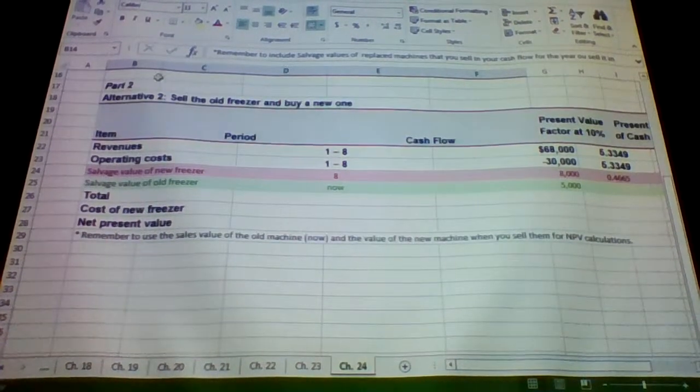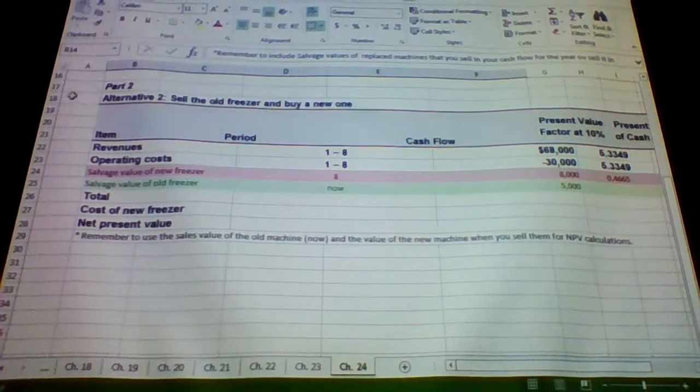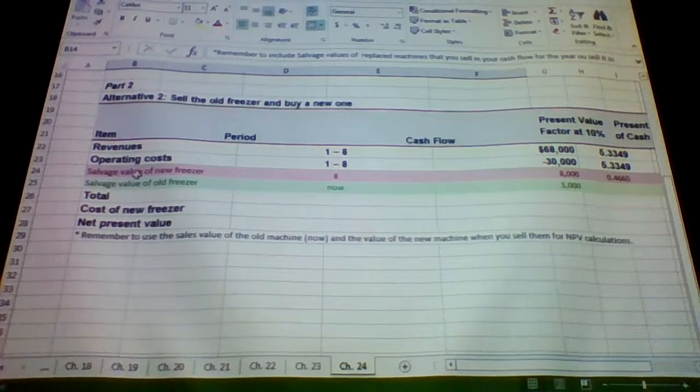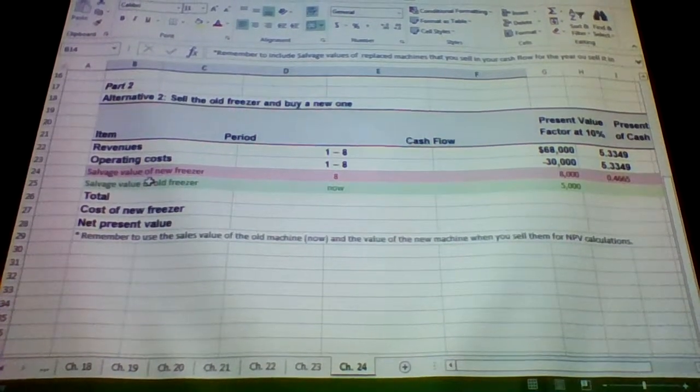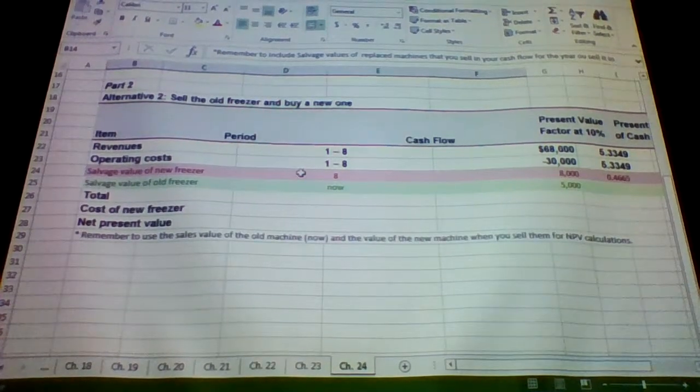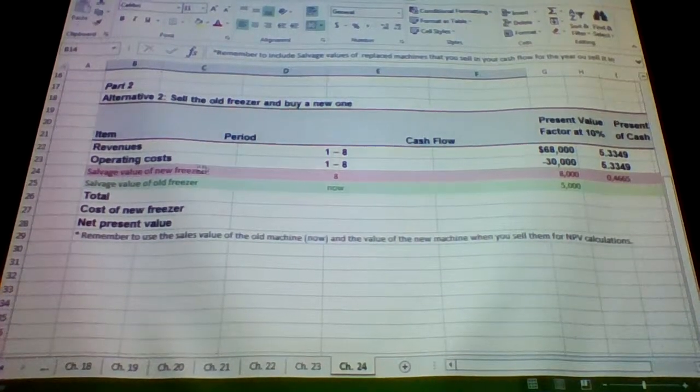Part 2, this was the same problem, just another part to it. And in here you'll see where I'm telling them to highlight and make sure you include the salvage value of the new freezer, and then the salvage, this is where they're making the decision, sell the old freezer and buy a new one.